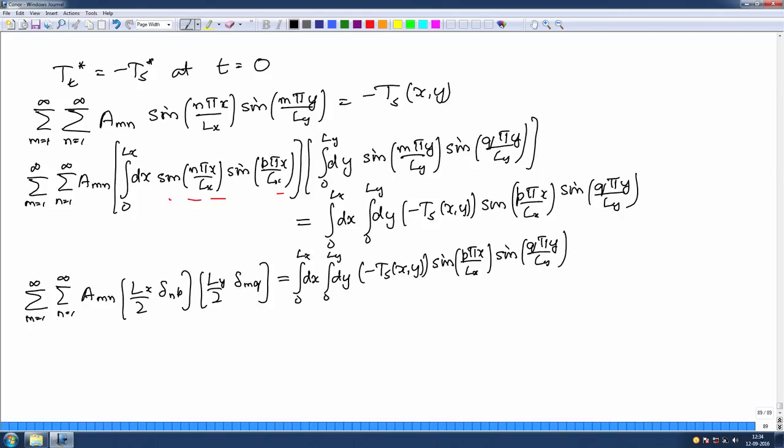And since delta np is non-zero only when n is equal to p, and delta mq is non-zero only when m is equal to q, I effectively get A_qp Lx Ly by 4 is equal to the integral from 0 to Lx.